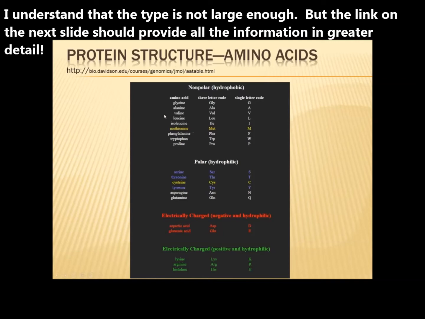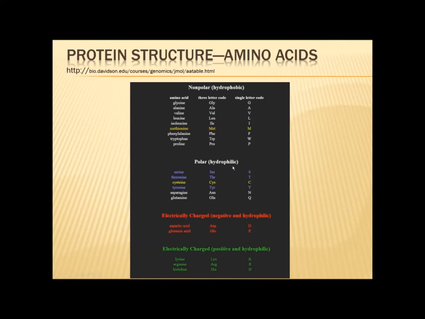For example, these are the three-letter codes, and each of them is represented by a single letter. But here's one way you can remember these. There are the non-polar amino acids, the polar amino acids, and then the electrically charged amino acids, which are negative and hydrophilic, and then the electrically charged ones, which are positive and hydrophilic.